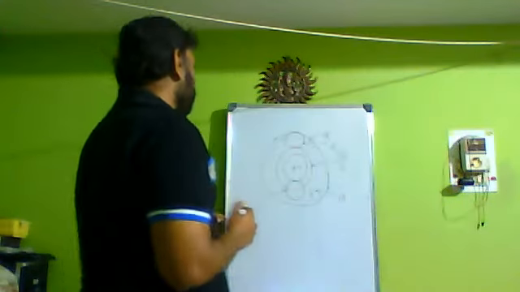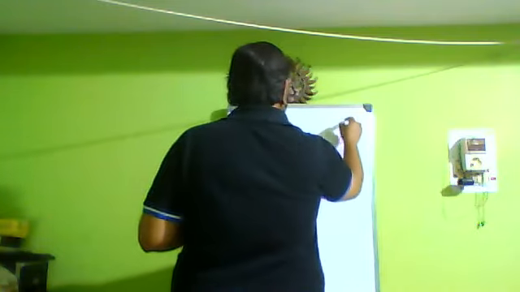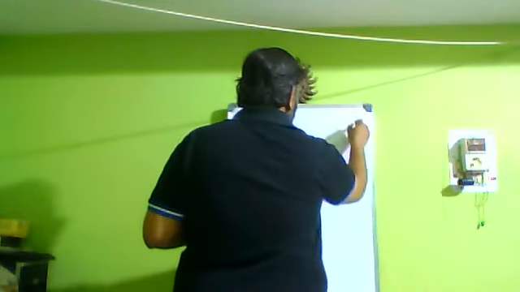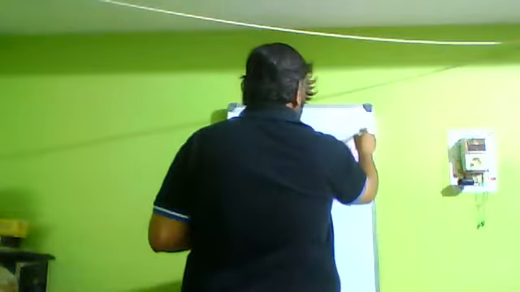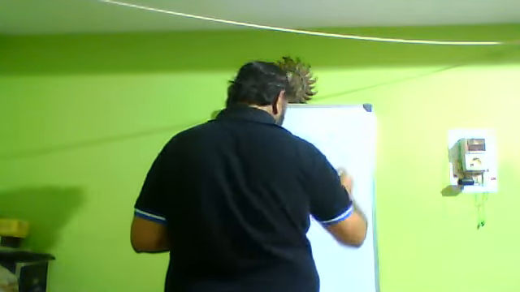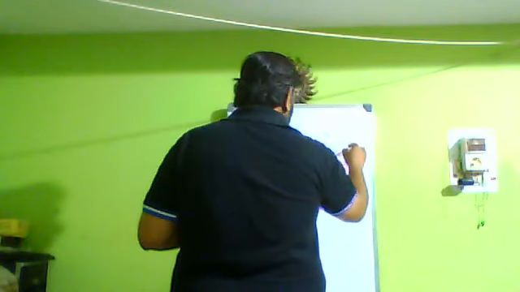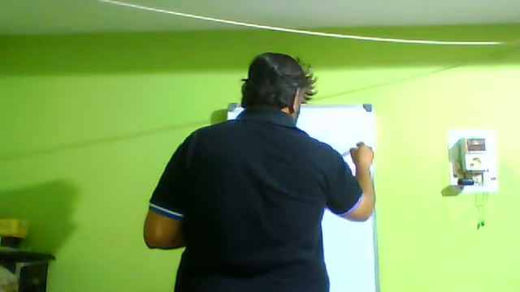The rest is all given: the number of teeth on gear C is 28, on gear D is 26, and TE is equal to TF is equal to 18.